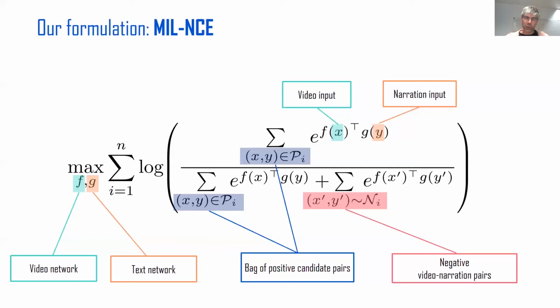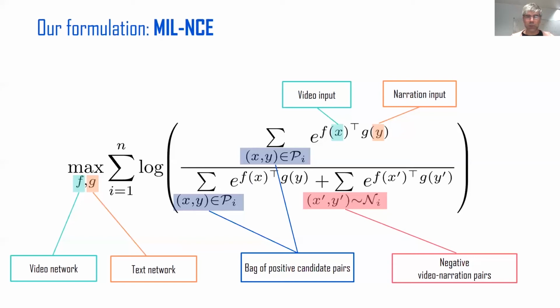So this is formulated as multiple instance learning, MIL-NCE, where we have a video input x and a text input y, and we put them into the NCE formulation, which has been recently very popular in showing good results.